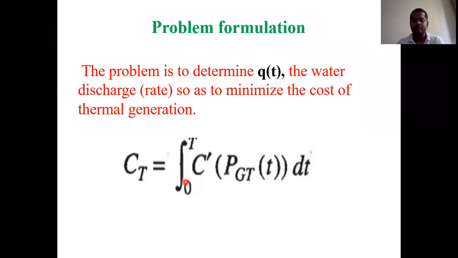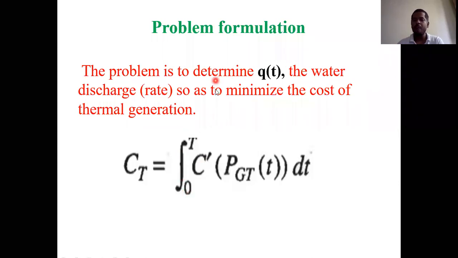So we need to consider time intervals from starting to ending, in each and every time interval. That's why we are taking a continuous time from 0 to t, where t may be one day, one week, one month, or one year. So we need to consider a continuous time, which means an integral.